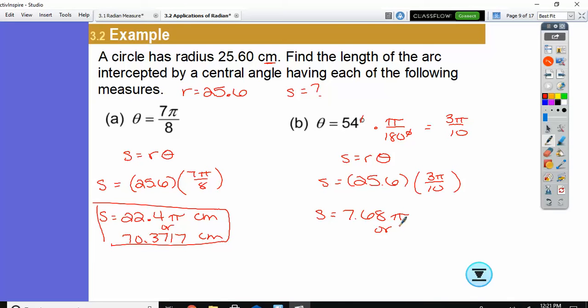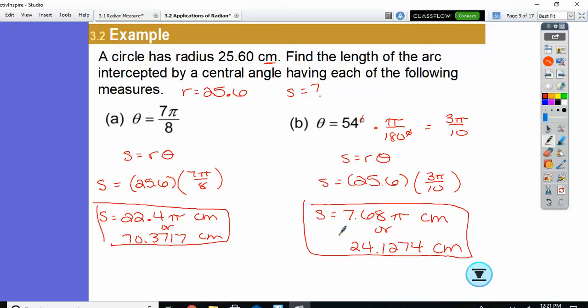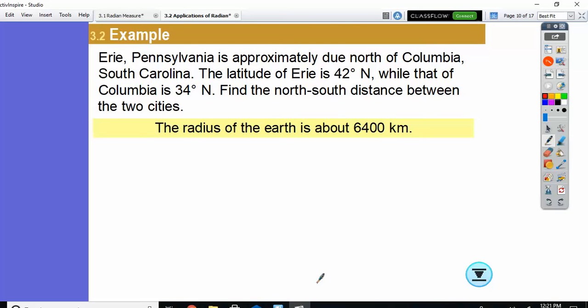Or if you multiplied out your pi, that's 24.1274. Typically I leave my answer in terms of pi, but you really could answer either way. Any questions there? I think I can go ahead and do this, and then this will be my last example.